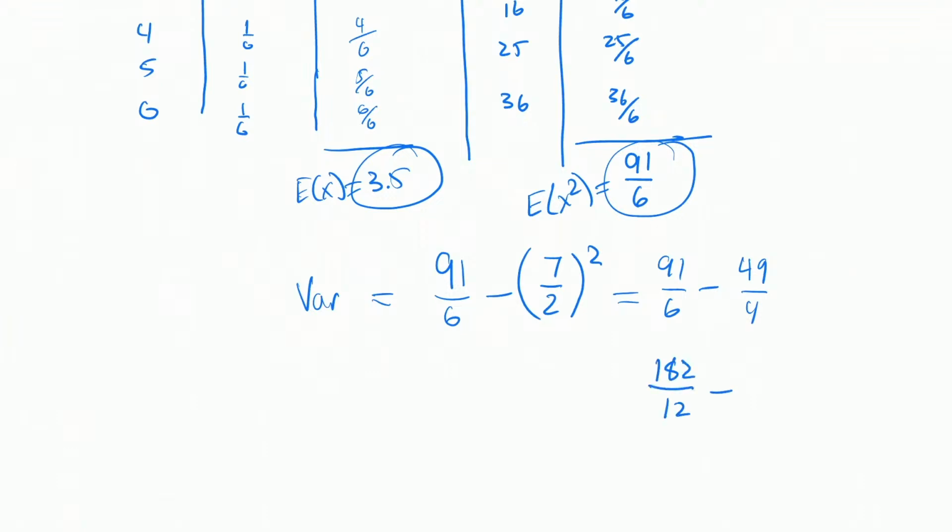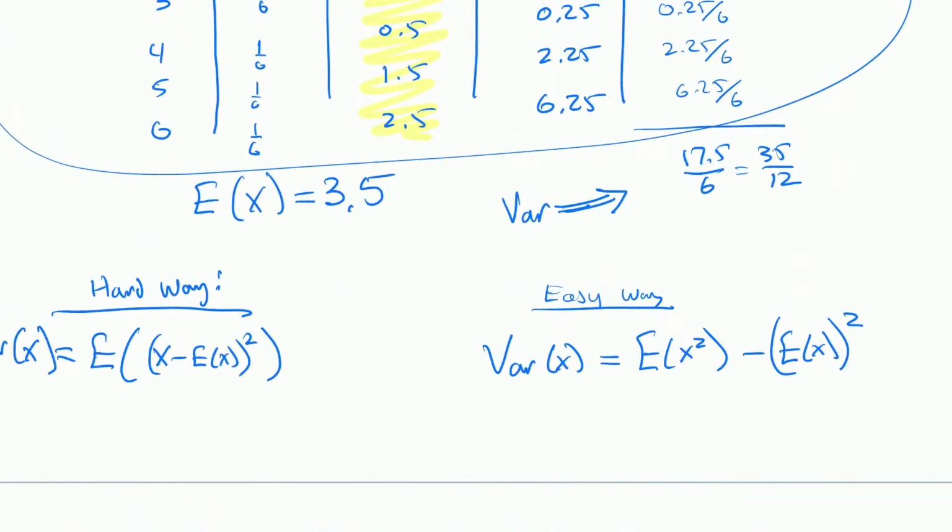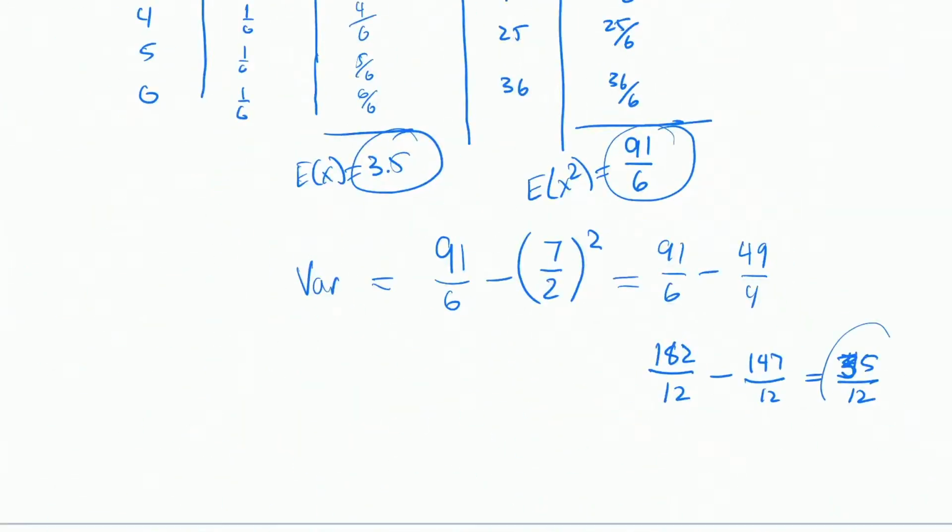So that's 182/12 minus 147/12, and I get 35/12. Did I do that right? Let me double check. Oh, look, it's the same. So exciting, the exact same thing, very nice. So 35/12 for both of those. Let me just clean this up a bit, because it bugs me.